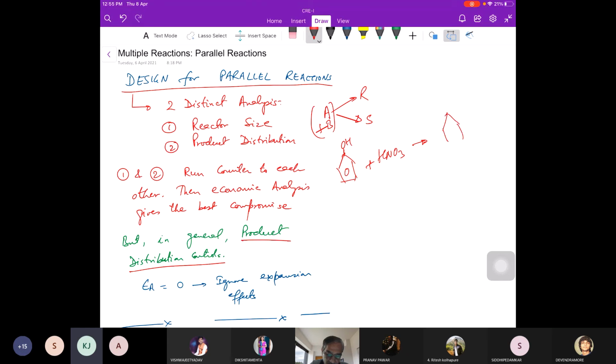As chemical engineers, you should never forget chemistry. So it will form either this, or it will form this.